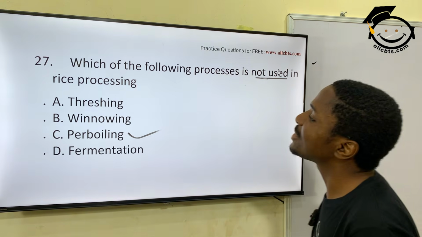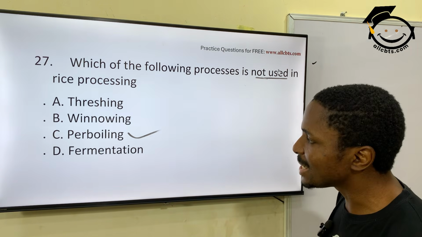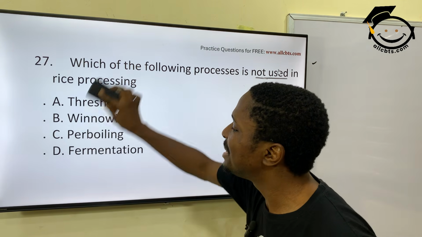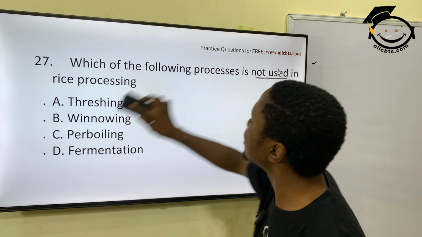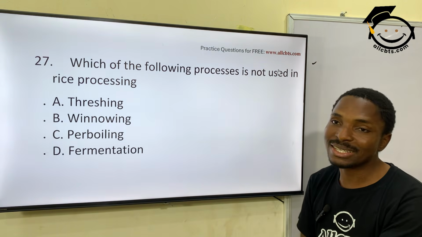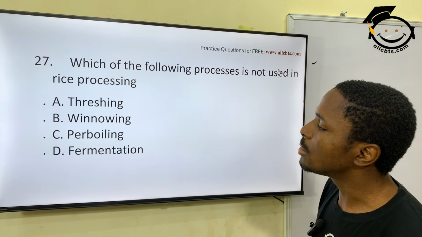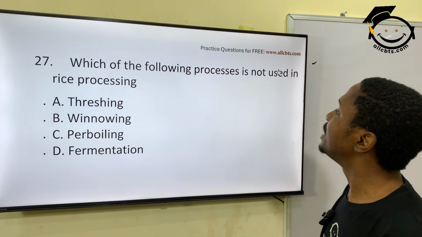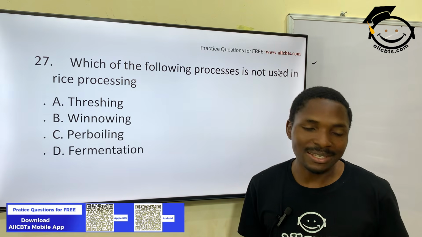Which of the following process is not used in rice processing? You have threshing, winnowing, parboiling, and fermentation. We don't ferment rice. So the correct option is fermentation. We do not use fermentation during rice processing.